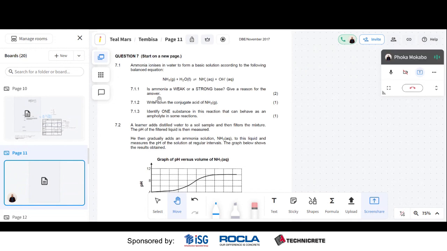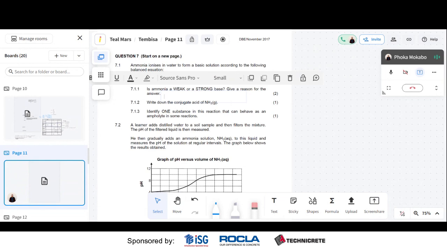Okay, so first questions first. Is ammonia a weak or strong base? Well, this is just one of those questions that you normally prepare your answers beforehand. There is a table that we normally use that tells you what the strong acids are, what the strong bases are, the weak acids are, and what the weak bases are.